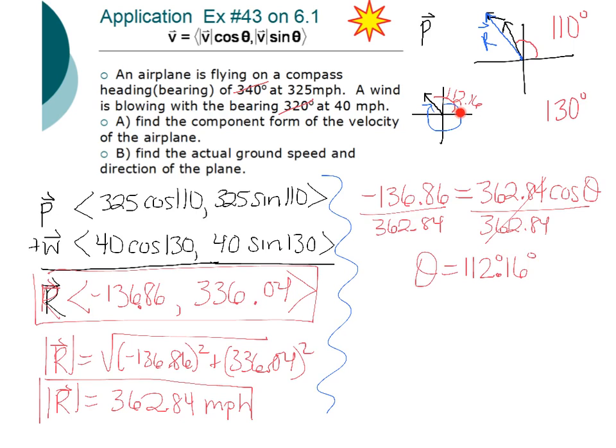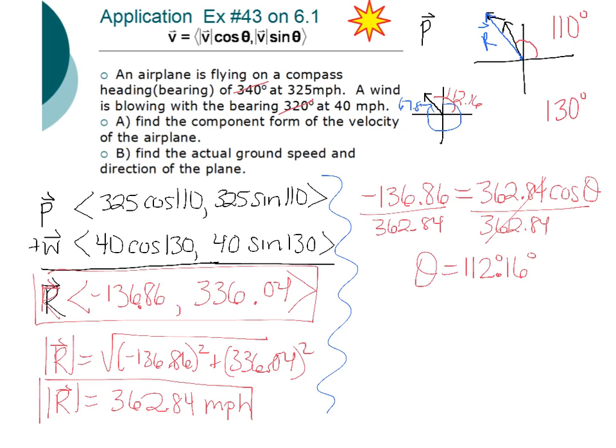But I know it's going to be 90, 180, 270, but I need to know this little bit to add to that 270. Well, if this is 112.16, couldn't I just take 180 and subtract that? And that would leave me with that open space. That's what I'm going to do. I'm going to subtract it from 180. And I end up with 67.84 for this gap space in here.